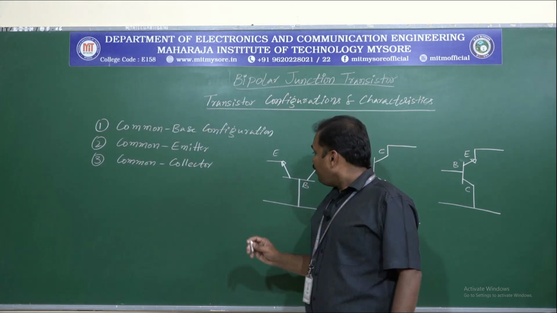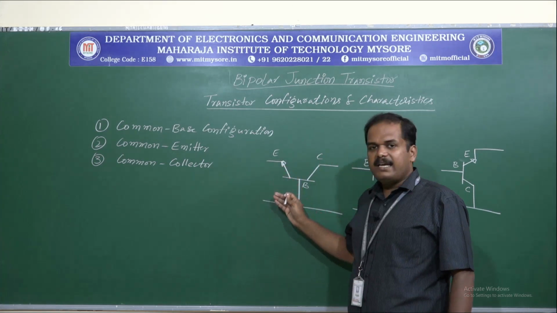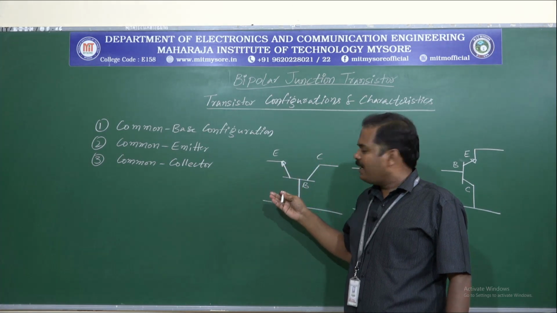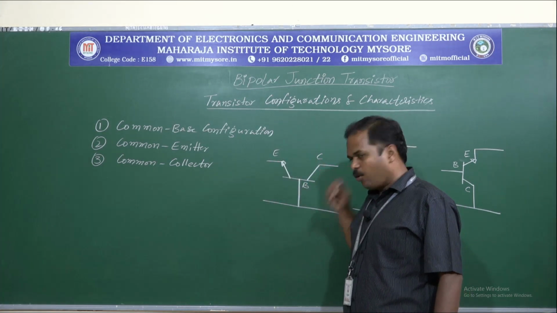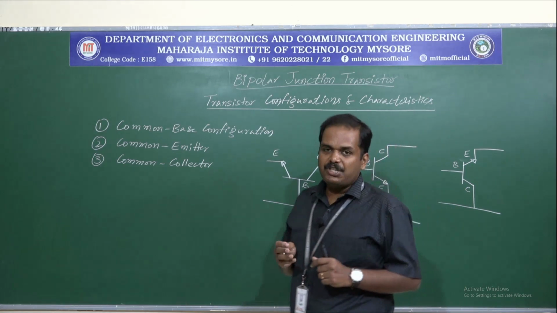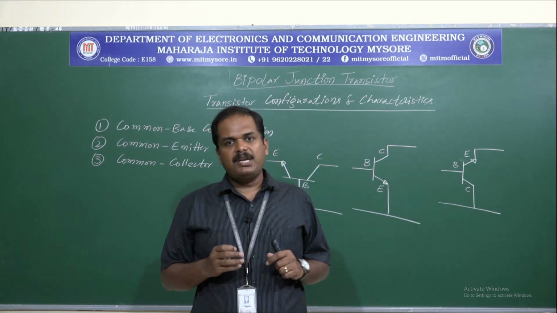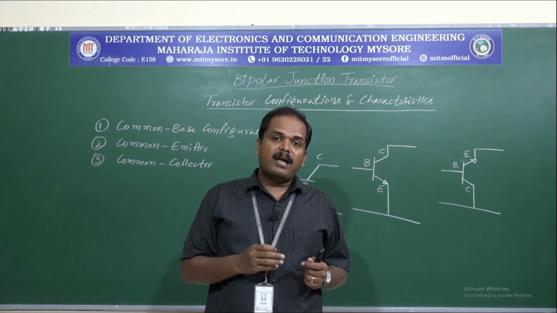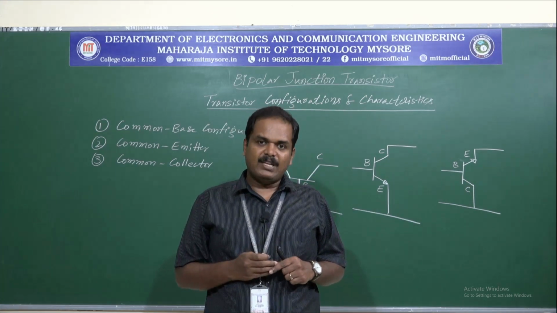Depending on the voltage that has been applied to the input circuit and the output circuit, or the input junction and the output junction, they will be forward biased or reverse biased.